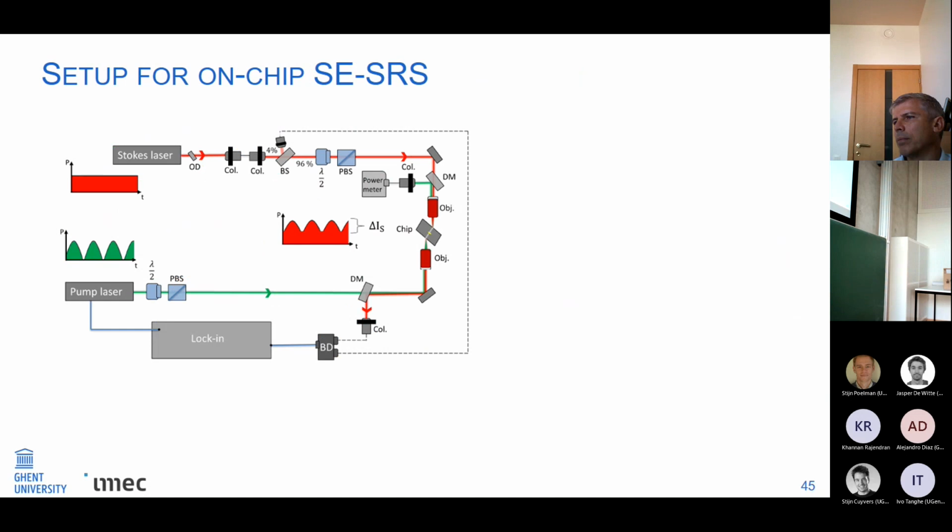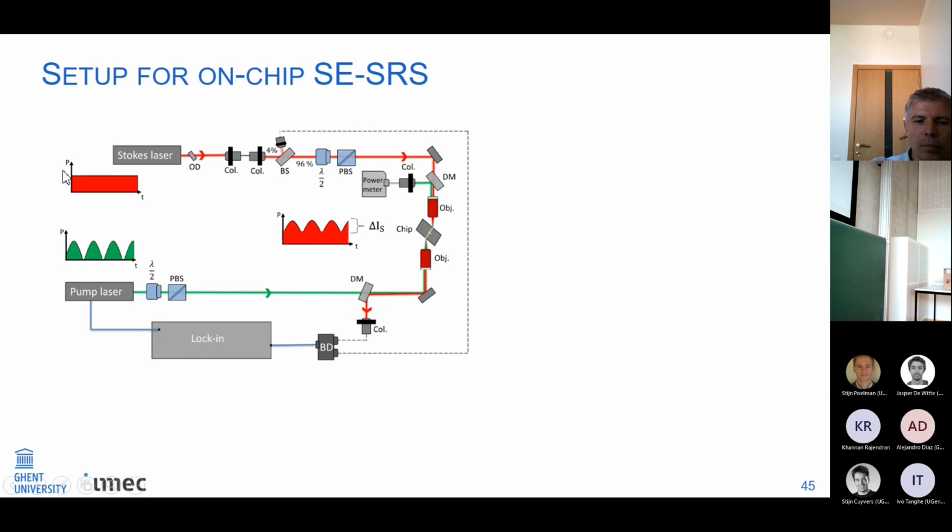So therefore, I explored SE-SRS in this work because of this sensitivity advantage that it has, and this is the setup that I use to do it. Not all details are important, but the idea is that you have a modulated pump laser, you send it out in free space and focus it down on the chip where it comes inside of the chip and goes towards this plasmonic slot sensor.